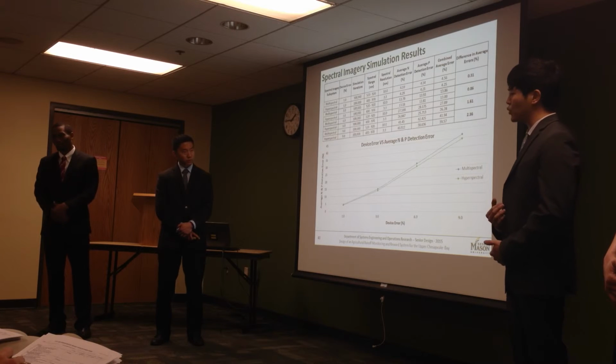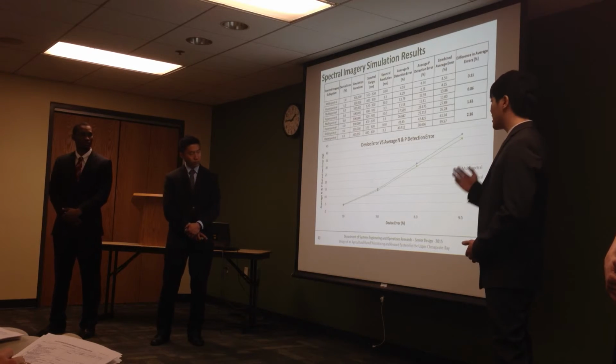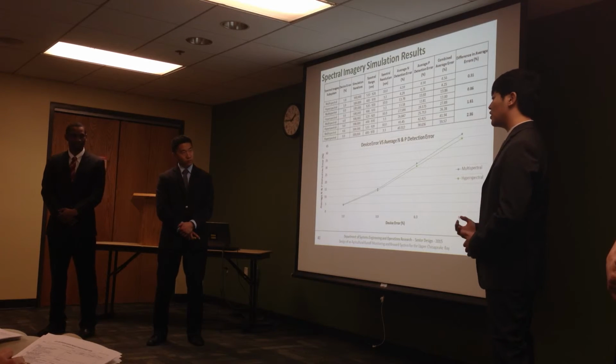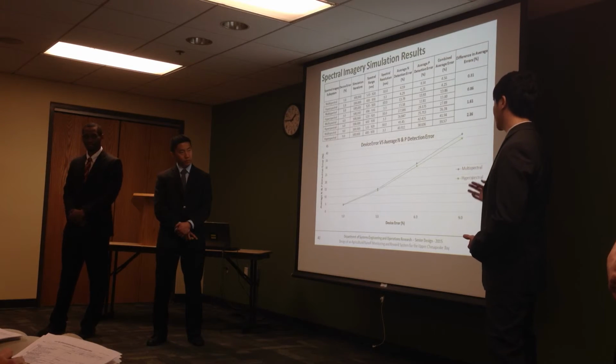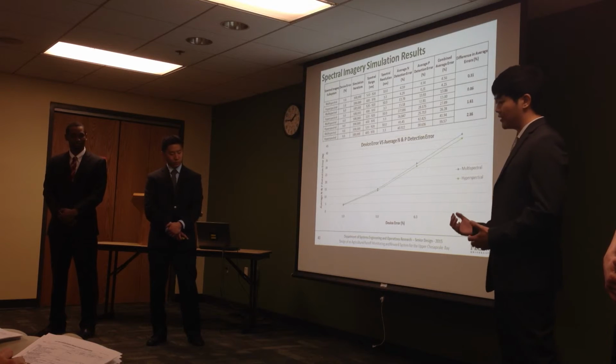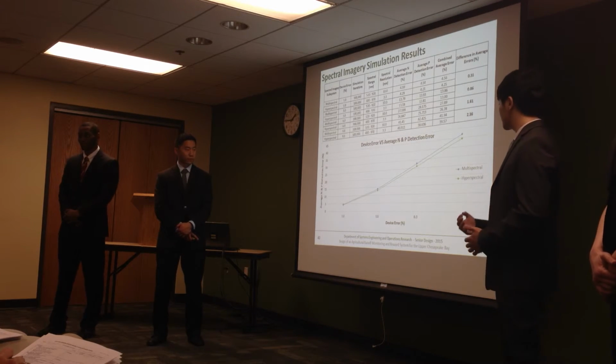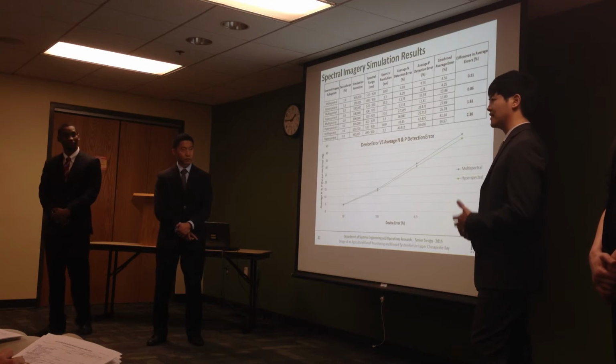As systems engineers, we want to be pessimistic, and we ran our simulation up to 9%, and it still shows a relatively small amount of difference between the hyper and multi. So considering the high cost of hyperspectral imaging system, use of multispectral imaging system for this project is acceptable.